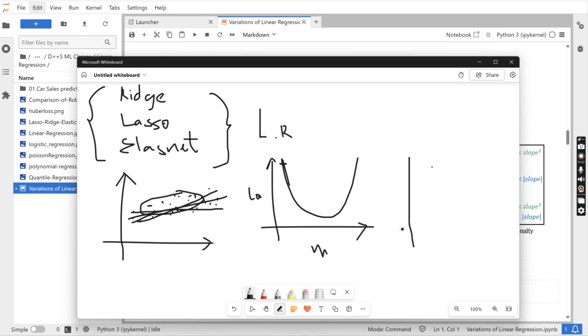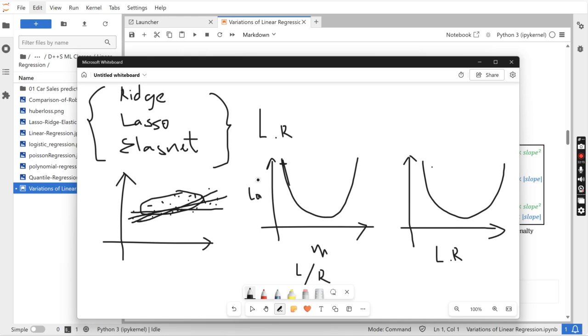imagine this in two different steps. This is your normal linear regression. Okay, let me write. This is your normal linear regression. Okay, this is your lasso/ridge regression.